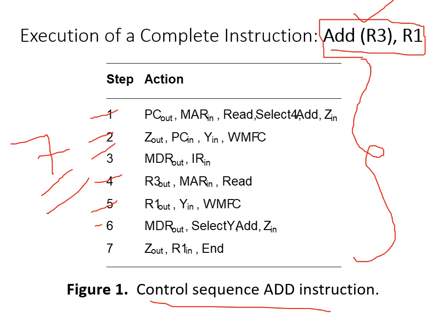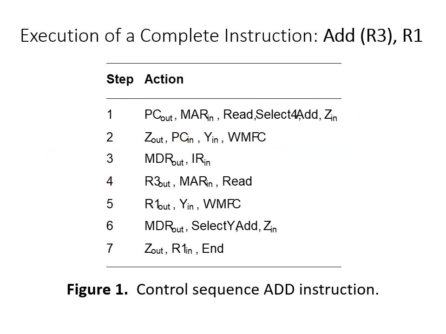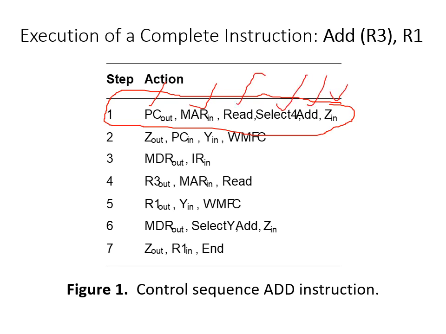Look at every single step here. I will consider the first step, for example. In the first step, in order to execute the add instruction, there are various basic steps that have to be executed by the processor: PC out, MAR in, read, select for add, as well as Z in.